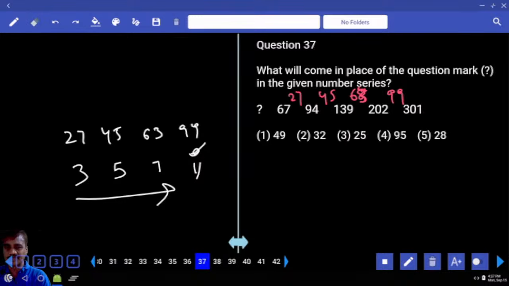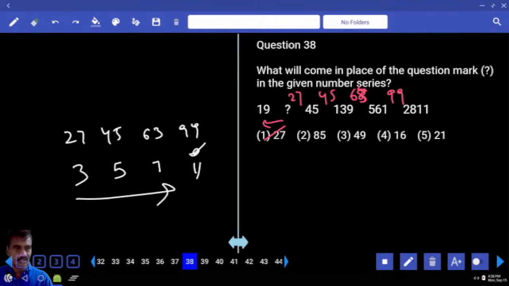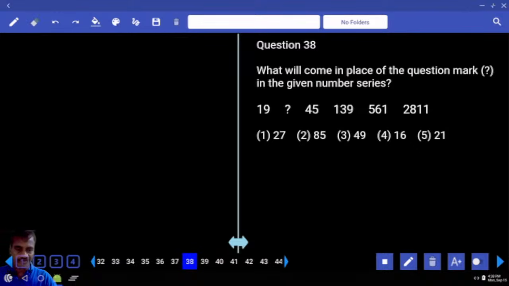Now 18 must be subtracted or added. 67 minus 18, 49. Must have been 49. Prime multiples of 9 are added. 38. Now 38, 19, 45 and so on.